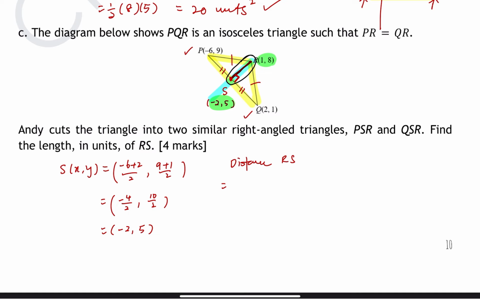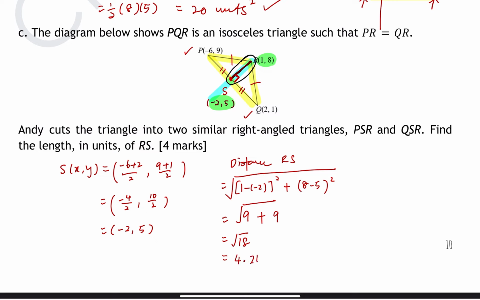Okay, so RS, you have (1 minus negative 2) square plus (8 minus 5) square, and you square root. Basically you are trying to find the difference in between the horizontal distance and the vertical distance between these 2 points. So over here again, you have 1 minus negative 2 is a positive 3. 3 square, you get a 9 plus. So 8 minus 5, again you get a 3. 3 square, you get another 9. So you have a surd 18. Surd 18 will bring you the value of 4.24 units.